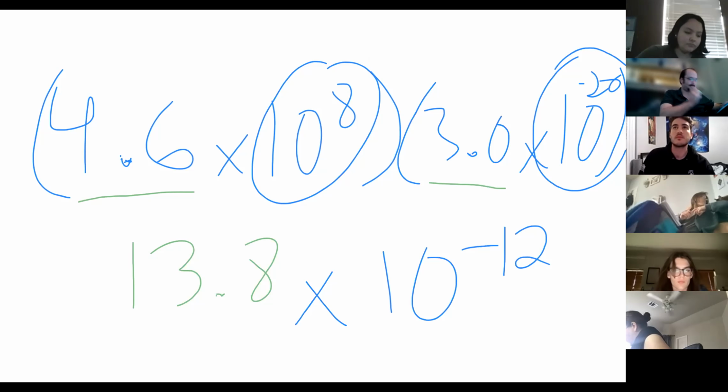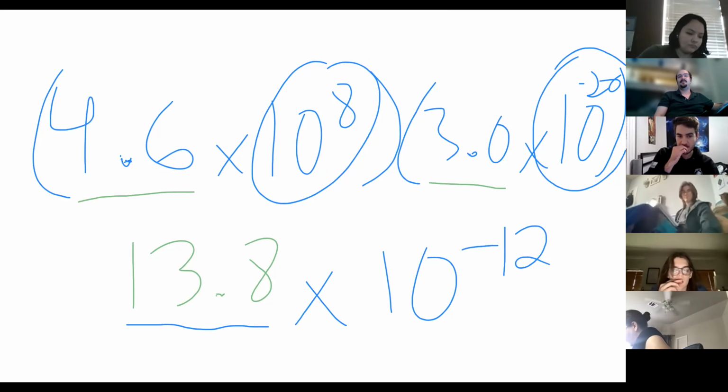So you want it to be a positive exponent, right? No, the negative exponent in scientific notation is perfectly fine. What's happening is this thing right here is 13.8, and I only want one digit in front of the decimal.